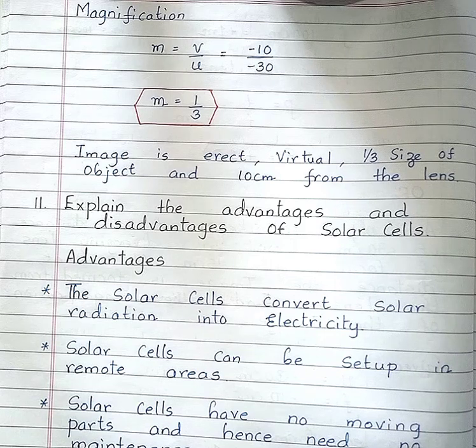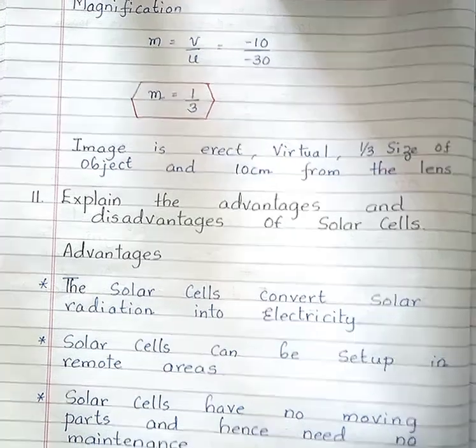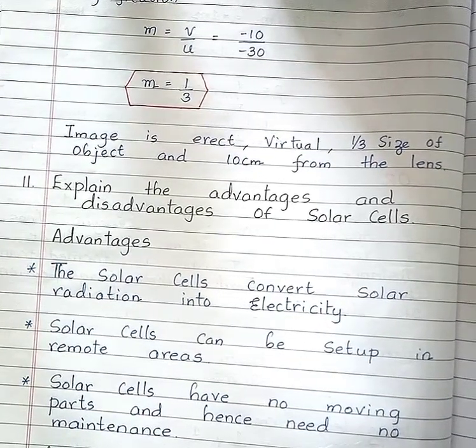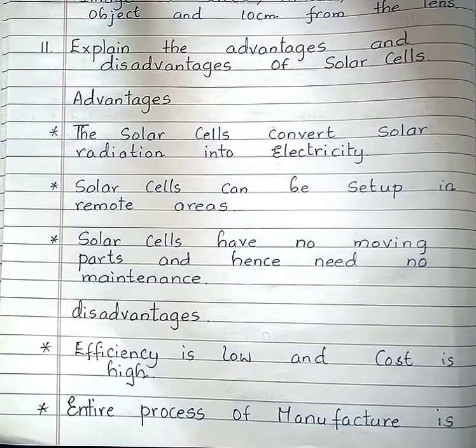By taking LCM, we get minus 2 minus 1 divided by 30, which is equal to minus 3 divided by 30. We get image distance as V is equal to minus 10 centimeter.